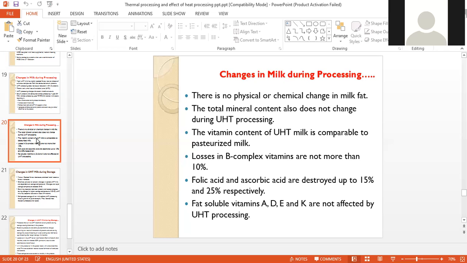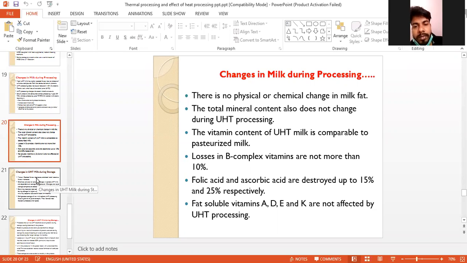Depending upon the method, of the two types we already discussed, indirect method and direct method, we lose folic acid and ascorbic acid. Similarly, there are several fat soluble vitamins present in the milk, A, D, E, K, and no changes have been reported in them due to UST processing.